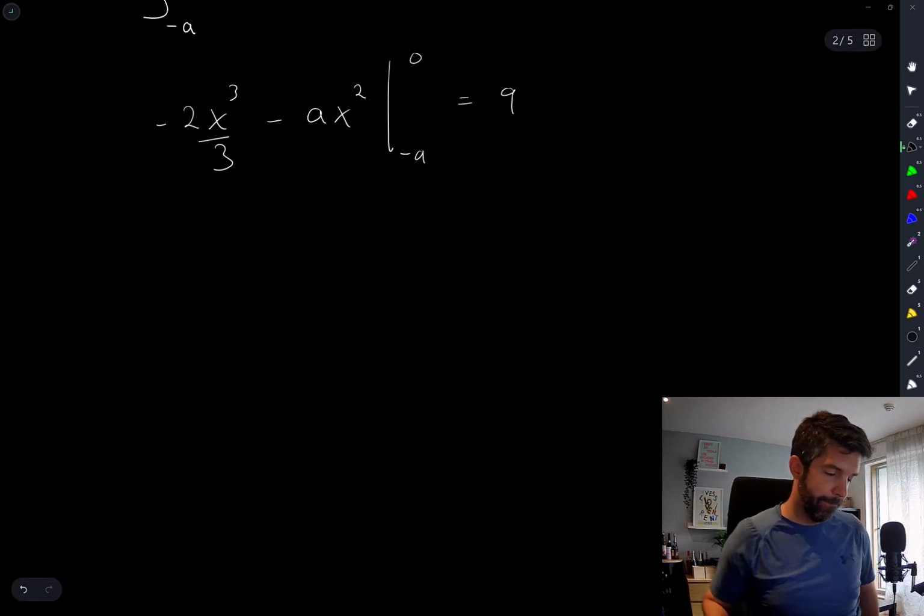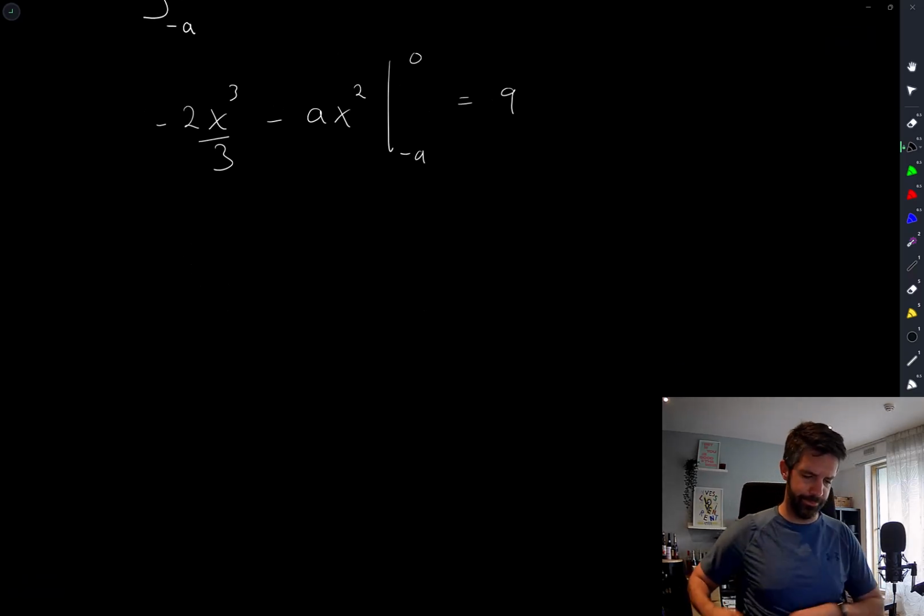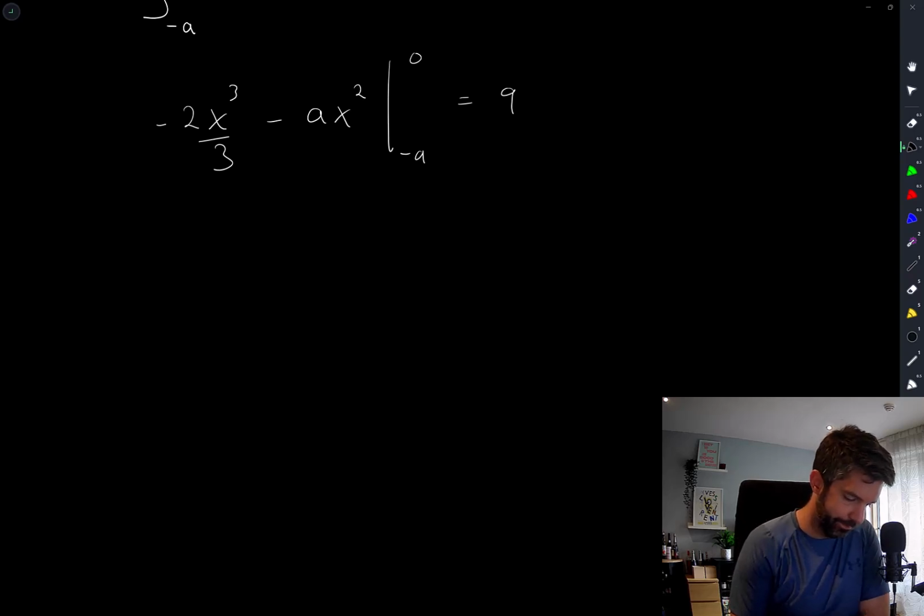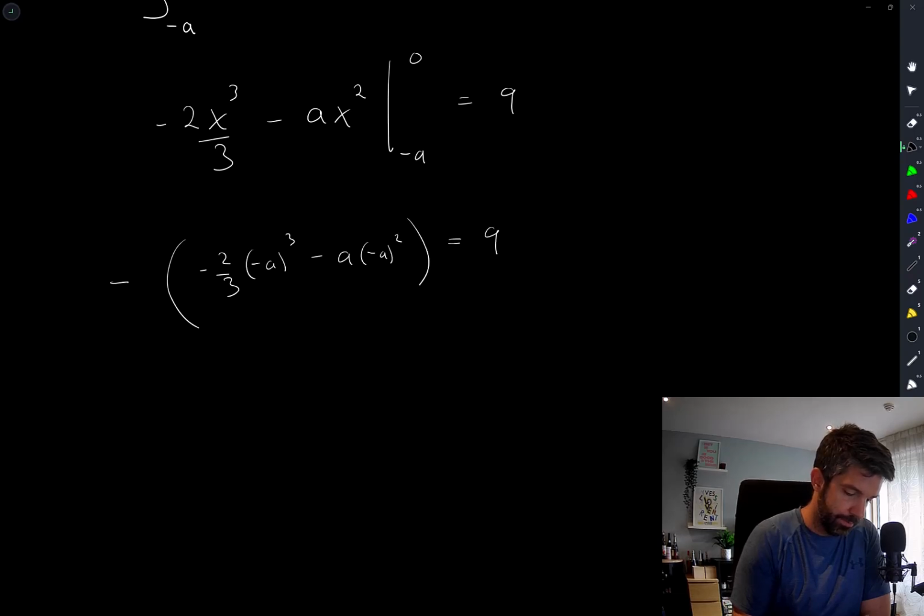So subtract the antiderivative evaluated at negative a: negative 2 over 3 times negative a cubed minus a times negative a squared is equal to 9.